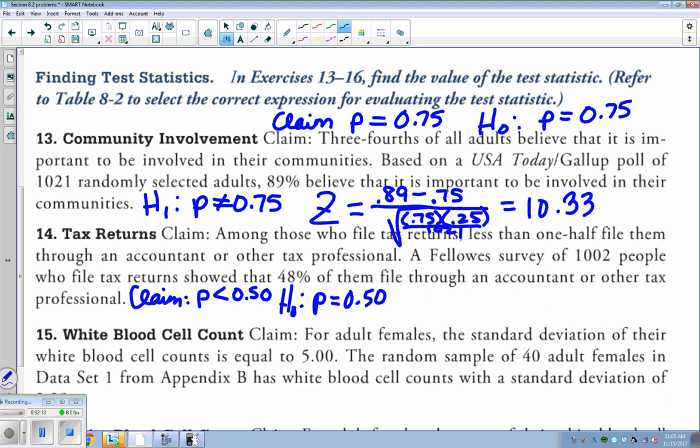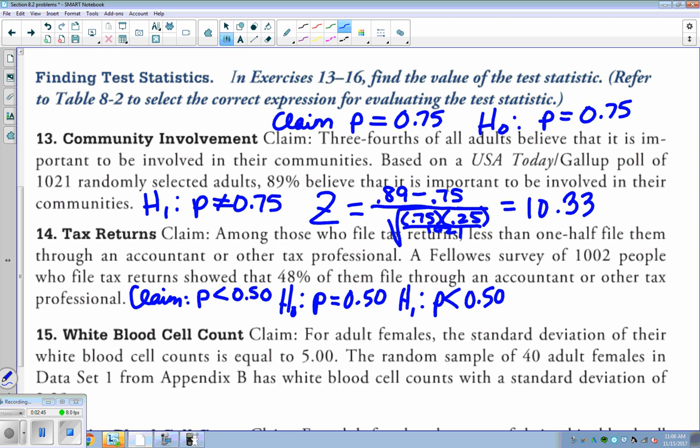Given that my claim says less than and my null says equal to, my alternative hypothesis is going to now be P is less than one half or 0.50. So writing that claim in symbolic form is critical to then be able to write the null and the alternative.